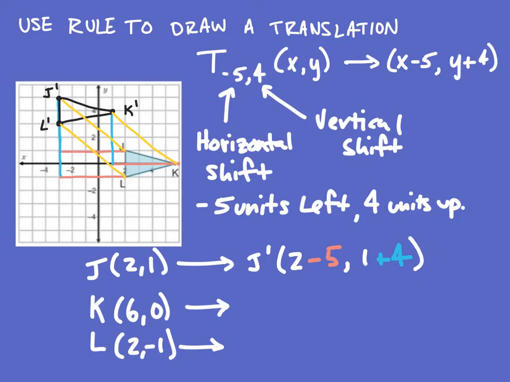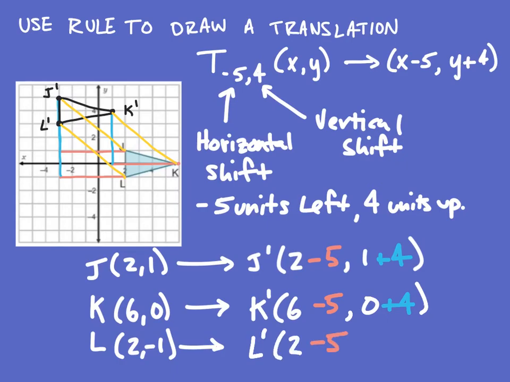All right, let's do that for all of them. So K prime over here, we're going to do 6, and then minus 5, comma, 0 plus 4. And then for the other ones, let's write out L prime, and that's going to be 2 minus 5, comma, negative 1, and then plus 4, okay?